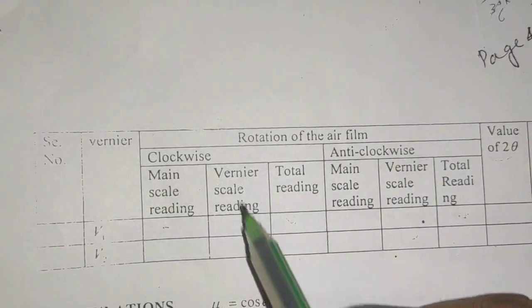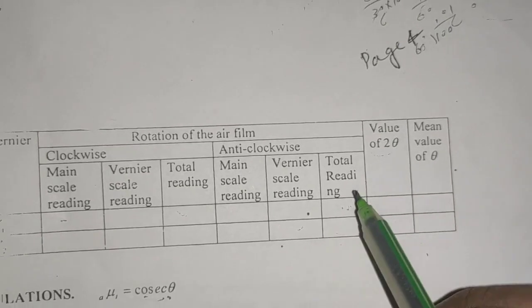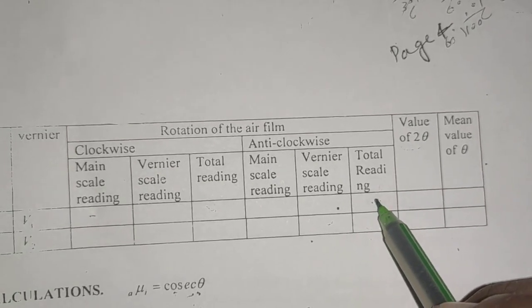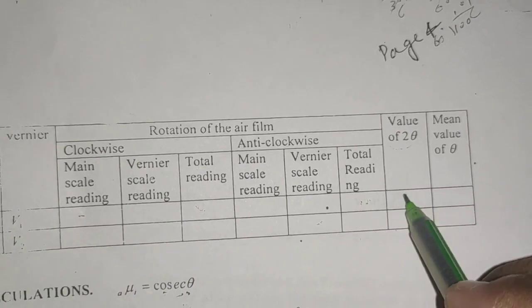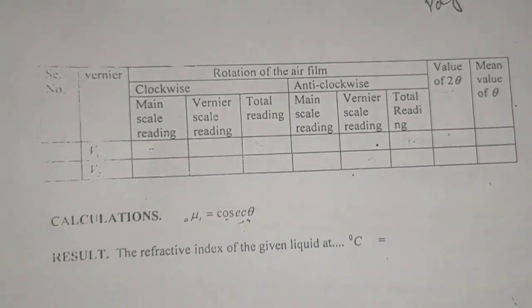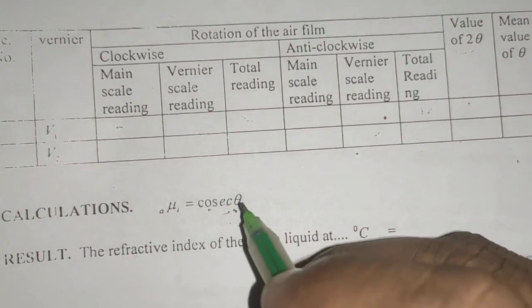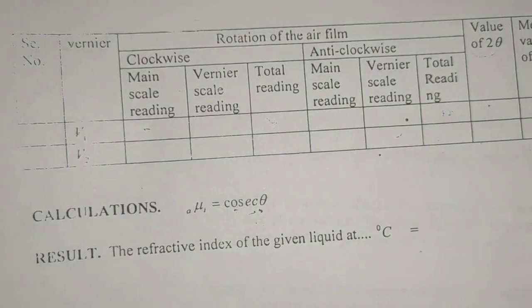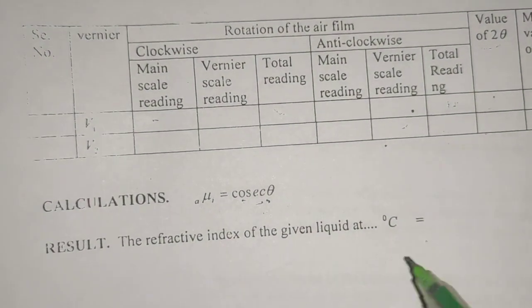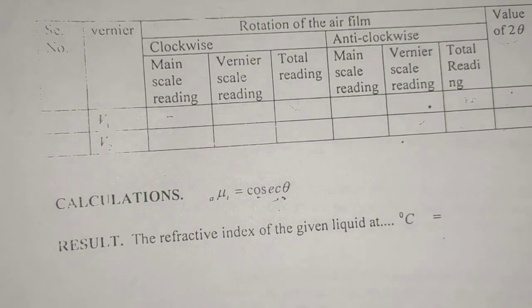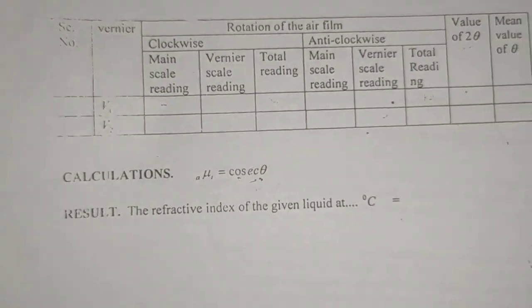Note down the main scale, vernier and total reading, and then take the difference between clockwise and anti-clockwise. We get the value of 2 theta between these two, and using this theta we calculate the refractive index of the liquid. The temperature will be the room temperature at which we are doing this experiment.